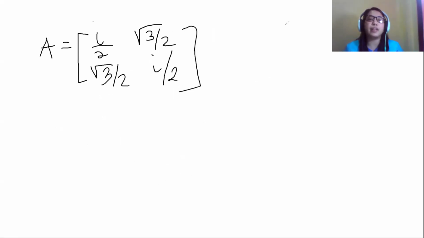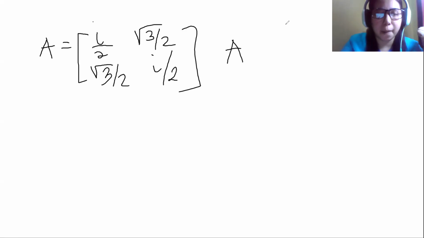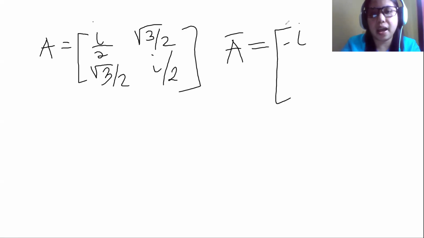So we have the following elements: i/2, square root of 3 over 2, square root of 3 over 2, and i/2. So first, we are going to get its conjugate. So the conjugate is negative i over 2.